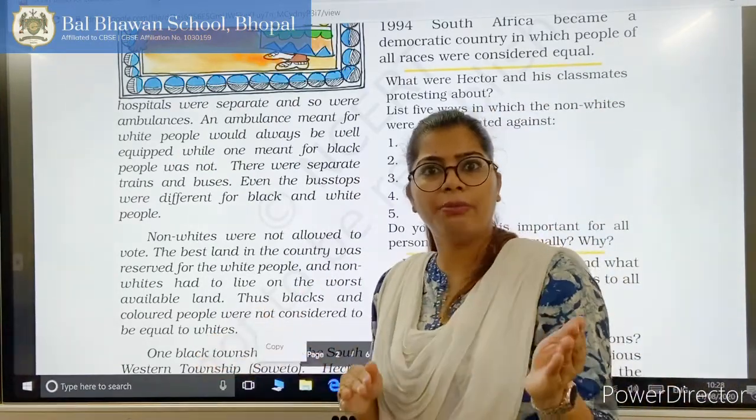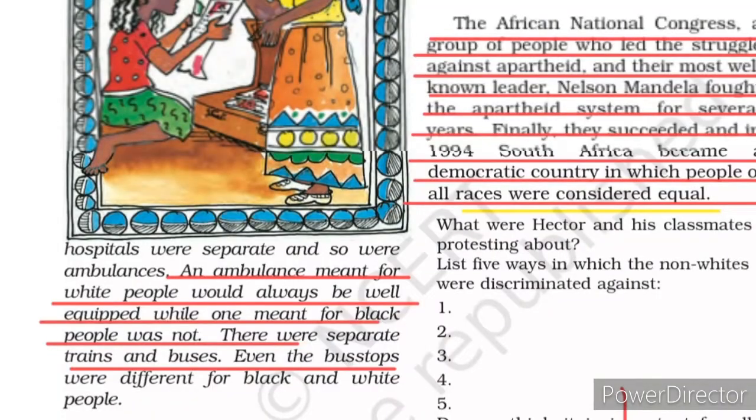That means a white person who is using a particular ambulance, that facility cannot be availed by the black people or the brown people, that is Indian. An ambulance meant for white people would always be well equipped. Whereas the ambulances used by the black people might not be well equipped, and might not be in a very good condition.